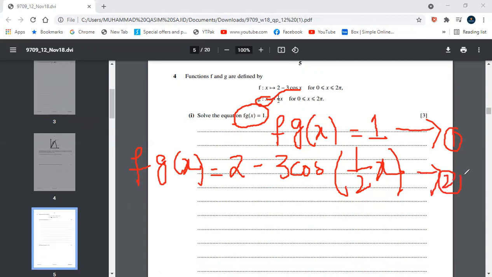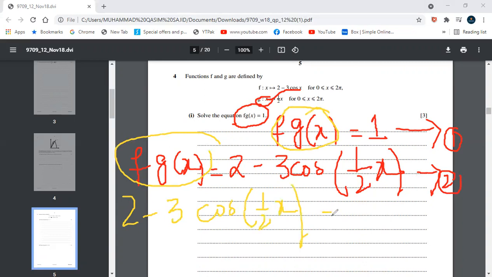Now just compare equation number 1 with equation number 2, because the left hand side of both the equations is the same. So it must be 2 minus 3 cos 1 upon 2x equals 1.